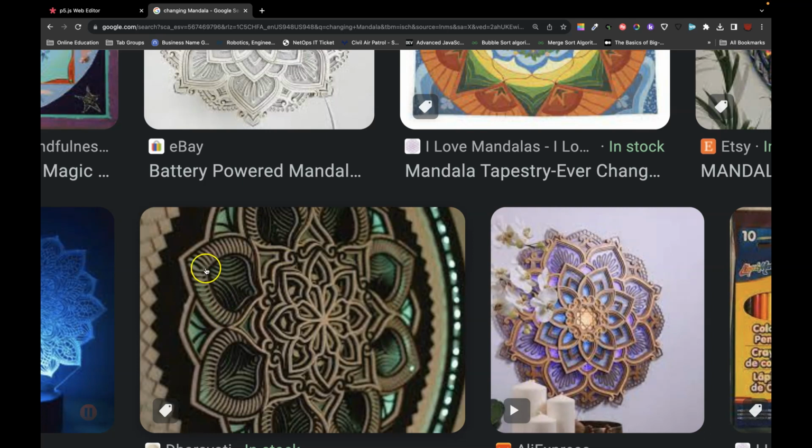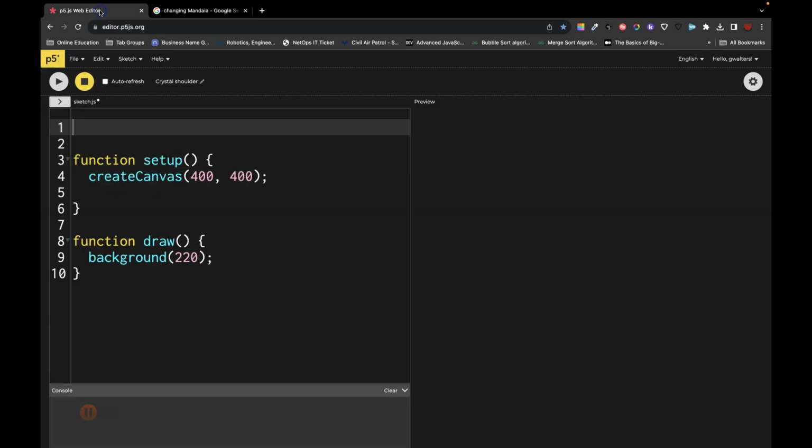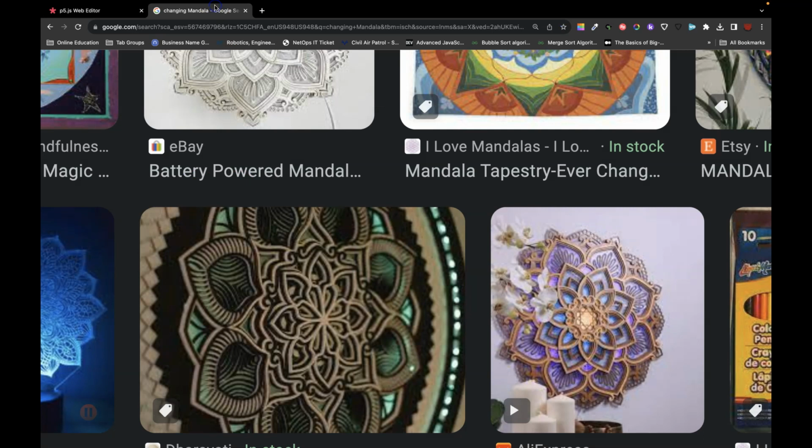Okay, so knowing what we know with objects, let's start building them. The major difference, and I'm going to walk through different pieces of this, is that our mandalas will be able to change. When we're moving our mouse around, the colors will be dynamic. We also want to make it so that our mandalas will be able to spin and do different things.